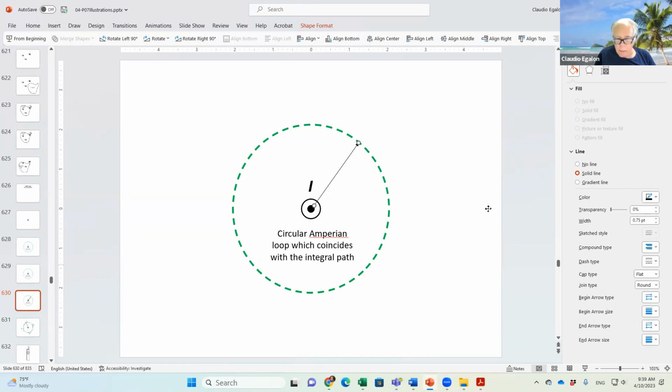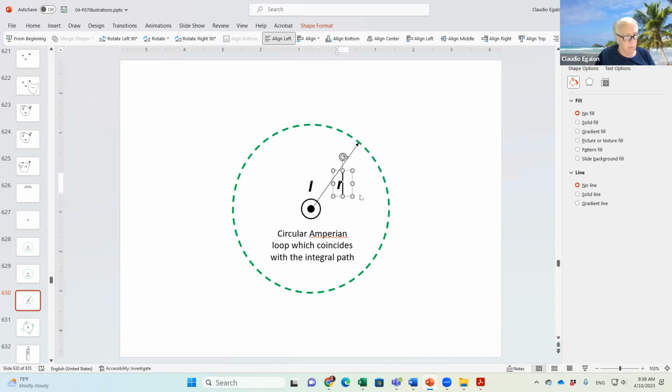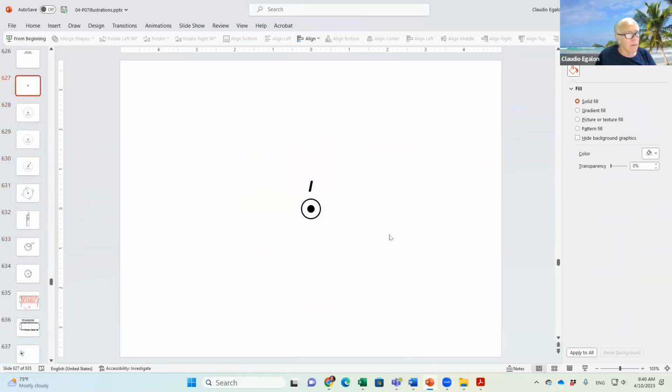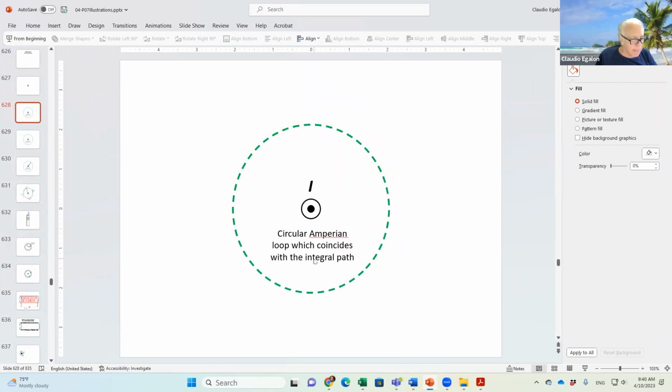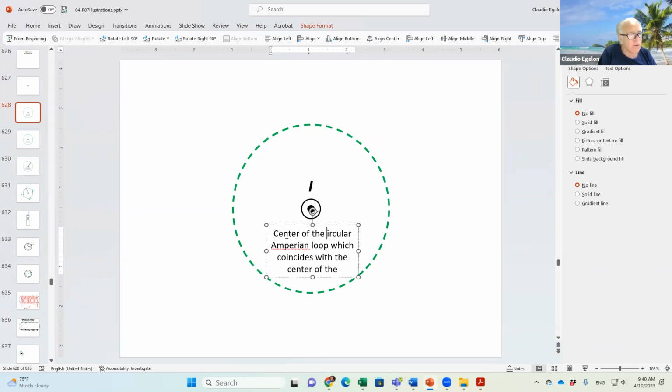Radius R. This one is better. The center of the circular Amperian loop coincides with the current.